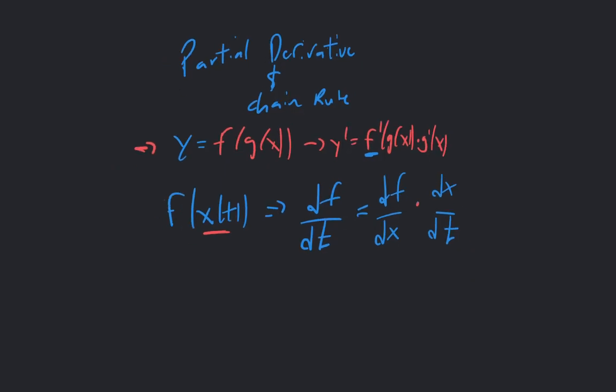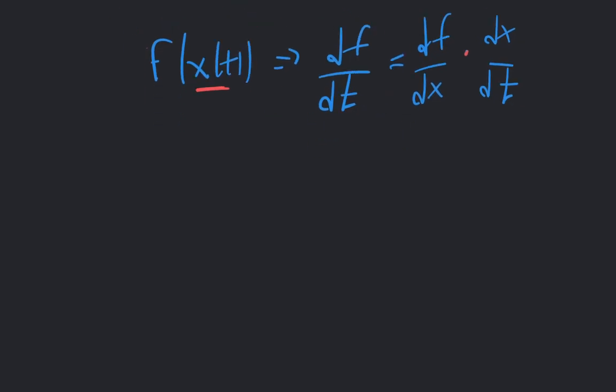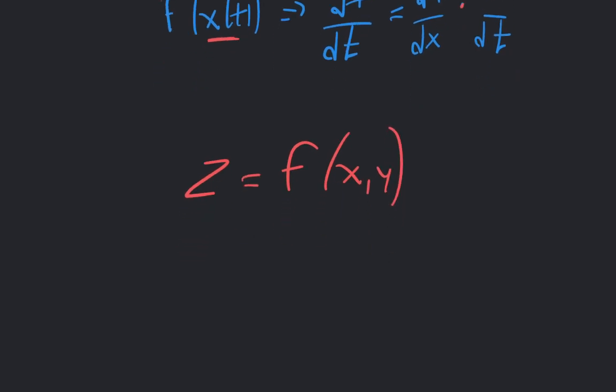Now, when we have a multivariable function, let's say z is equal to f of x, y, we can say x is x of t, y is y of t.